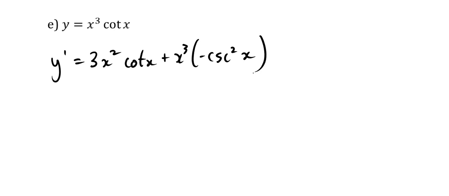So there's not all of the extra stuff. Okay, so it looks something like this, I think. The derivative of the first thing times the second thing plus the first thing times the derivative of the second thing.